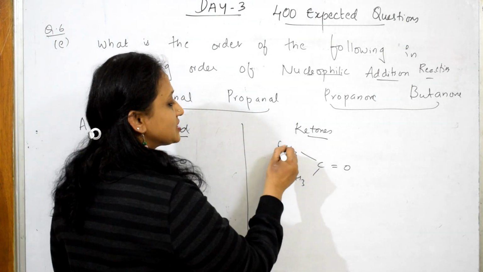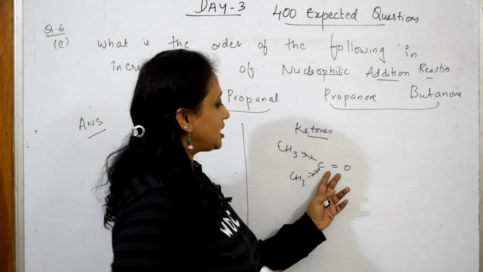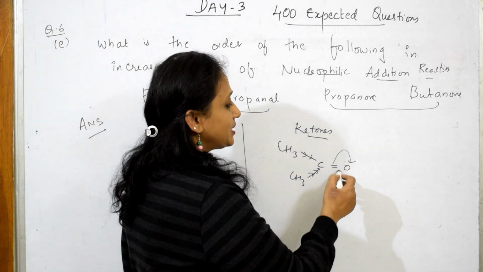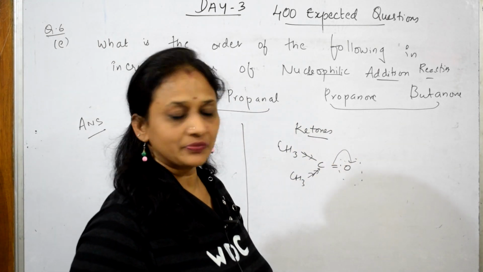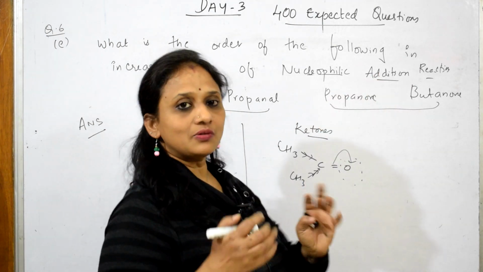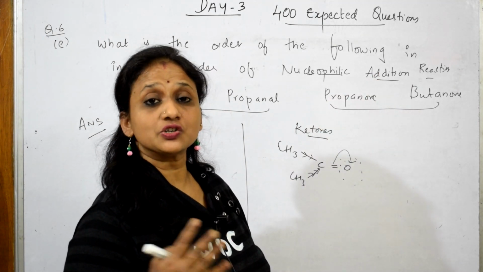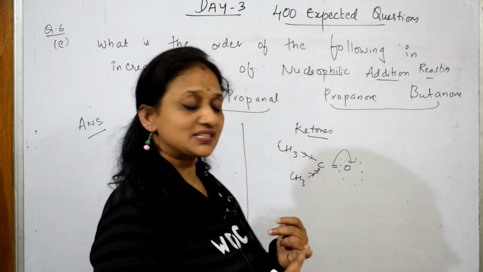Plus I effect is trying to give electrons to this carbon. Oxygen is trying to pull this electron towards it. So, what is happening? Already, it has excess electrons present on it. Now, will it accept or attract that nucleophile? Nucleophile also is electron rich. So, what is going to happen, students? Steric factor and plus I effect.